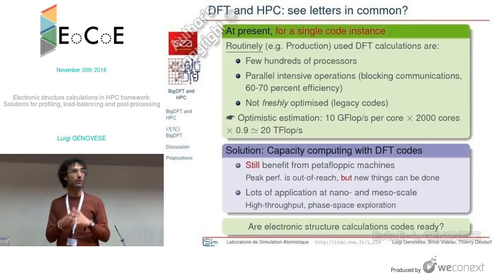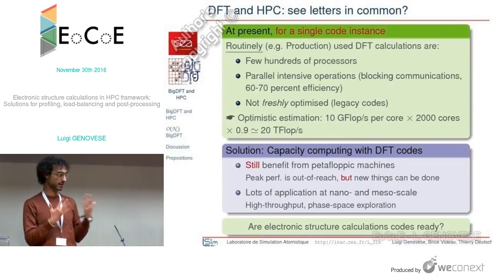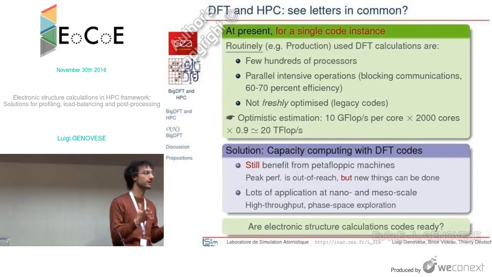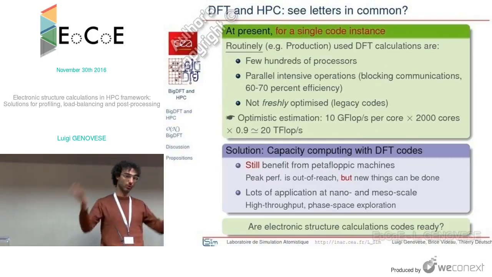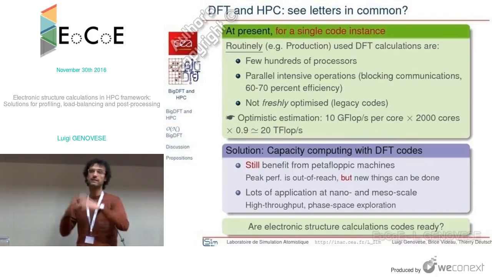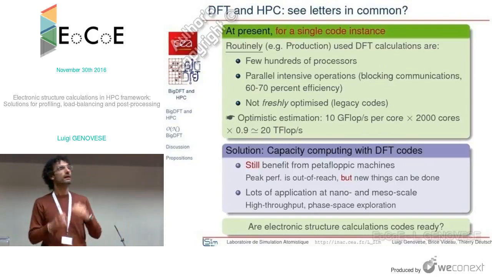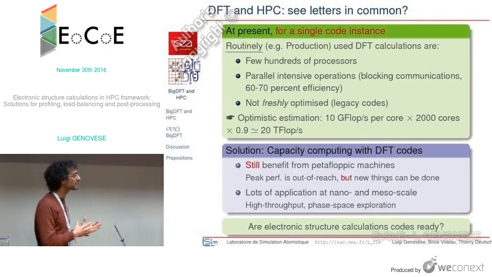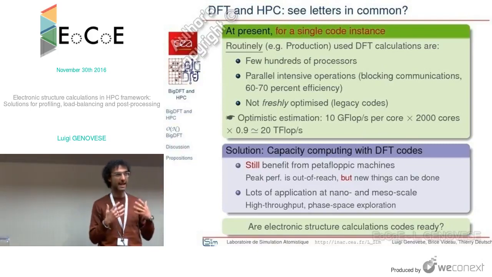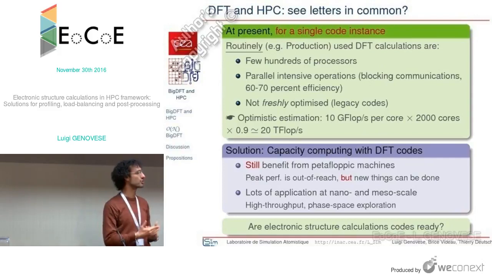So if one now looks at what a typical production computation means in the general framework of DFT, not only related to BigDFT at all, but generally related to density functional theory computations in the standard context, we might see that high performance computing and DFT are not, let's say, directly built to match together.